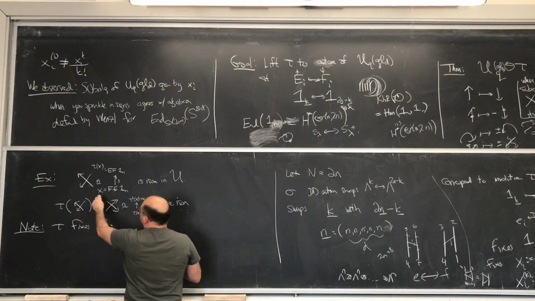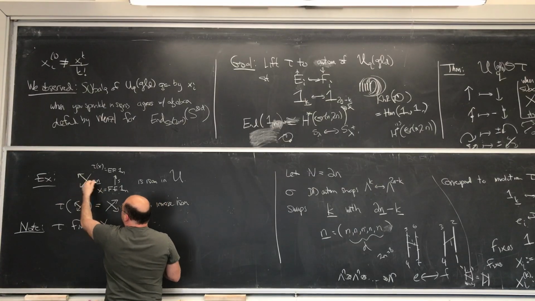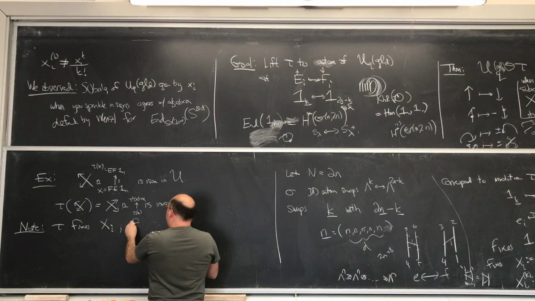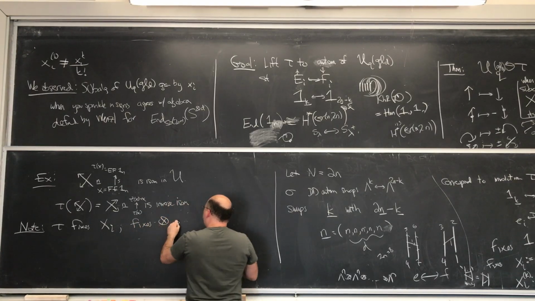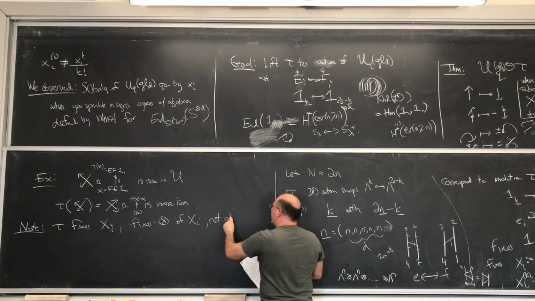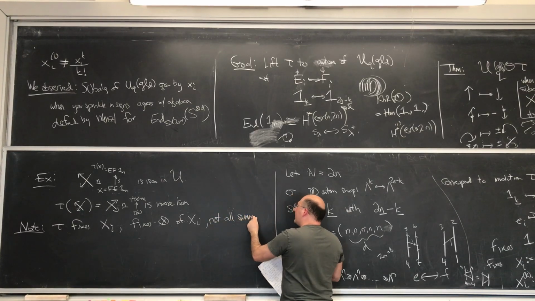Great. So tau fixes xi. So if I put eyes on these things, these would have to have different colors, but you don't know about that. It's okay. It fixes tensor products of these xi's, but not all summands of tensor products.